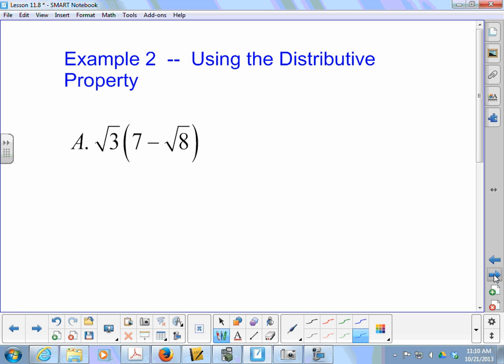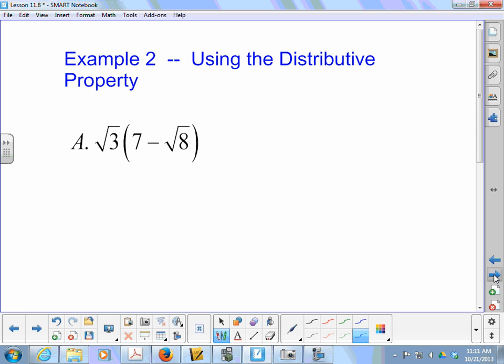Okay, a little distributive property. And once again, sometimes it's easier to simplify before you do anything else, but you don't have to necessarily. And so here we have square root of 3 times the quantity 7 minus the square root of 8.